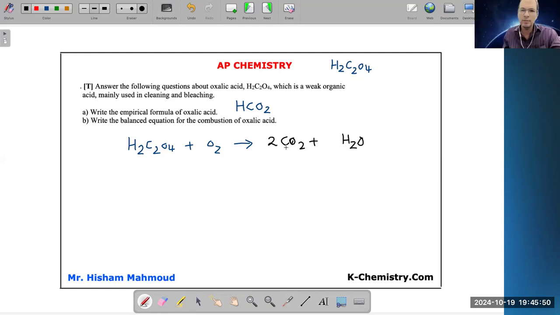2H2O. Why is that? There are only 2 carbons here, so it is 2 carbons. What about the hydrogen? The hydrogen is already 2, and here it's 2, so no need to change it. Let's see the oxygen. You are trying to make this doubled so that you can balance the oxygen. Here I have 2 oxygens and here I have 4, so the total is 6.